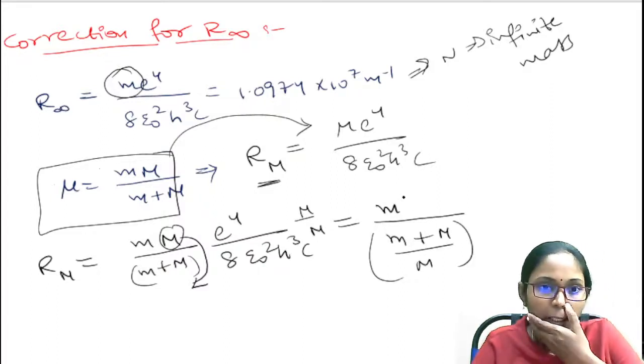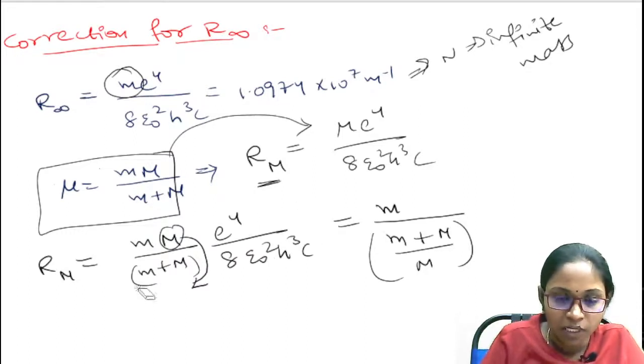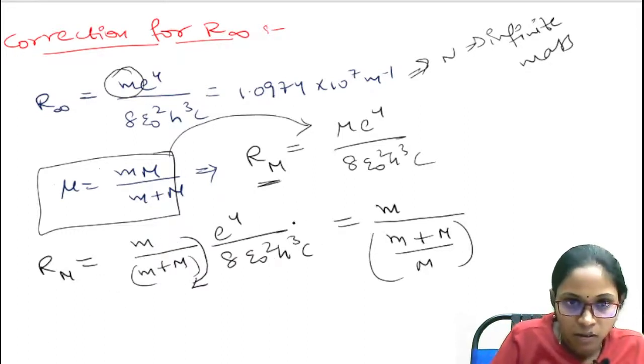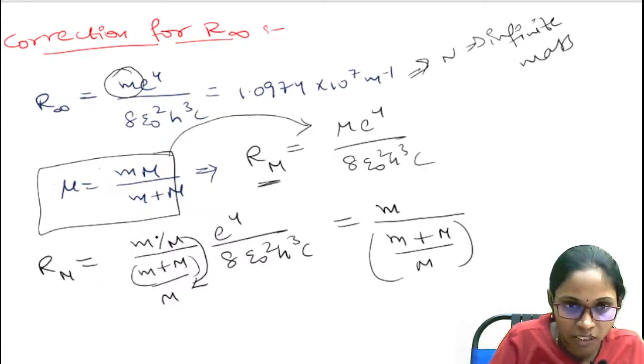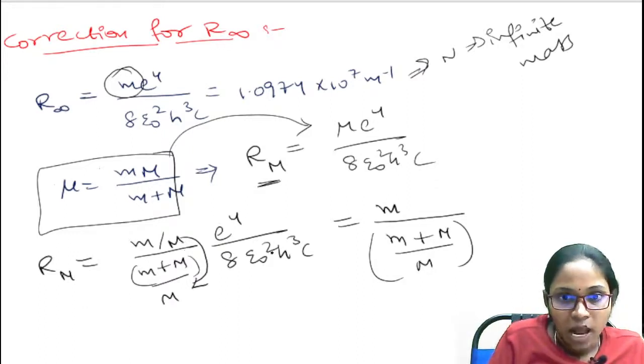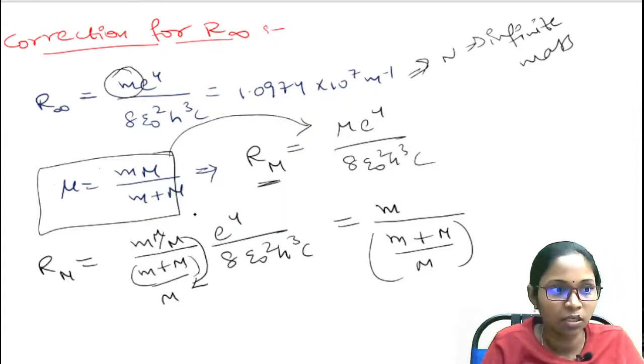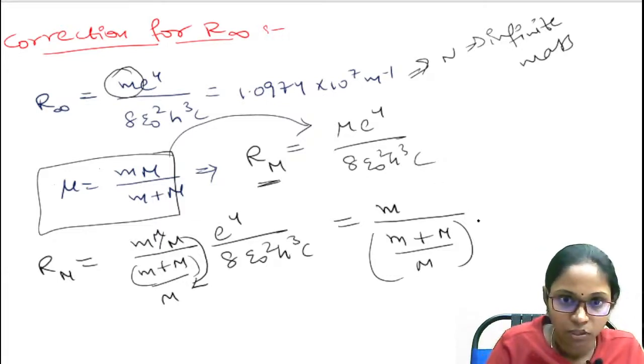What I did here is I just multiplied with capital M and divided with capital M. See here, I divided the numerator with capital M and also the denominator with capital M. Or else you can also bring this capital M towards denominator. మీకు ఎలా ఇన్కన్వీనియంట్ ఉంటే అలా చేసుకోండి. రెండు మెథడ్స్ కూడా ఒకటే.